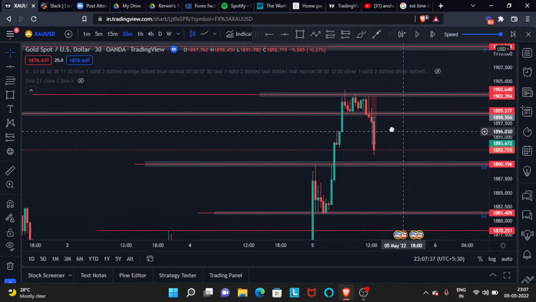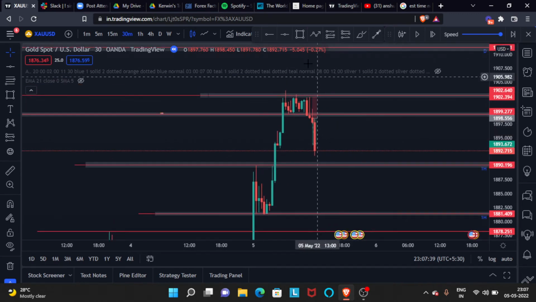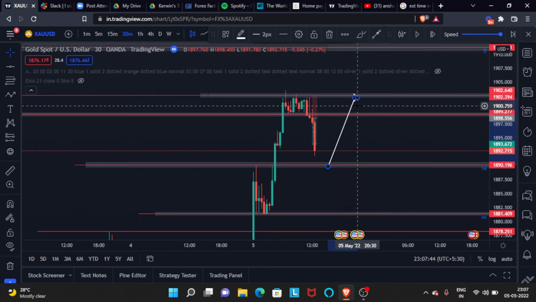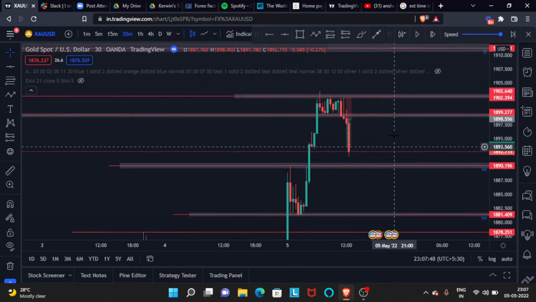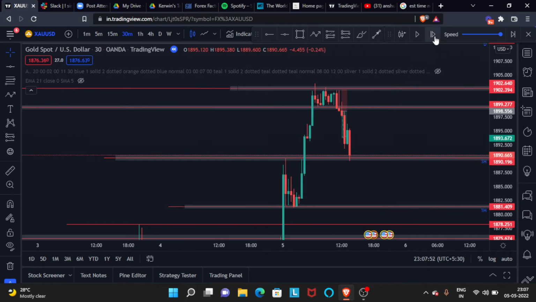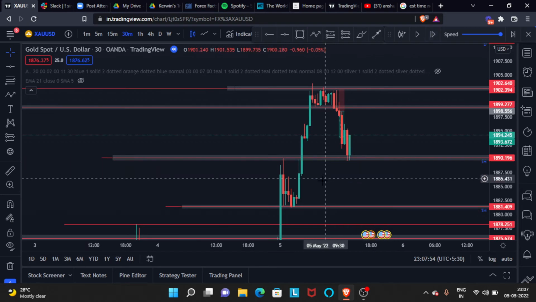The next thing I was expecting was finding support somewhere around here to move up and retest these highs, and maybe break the highs to create new highs, right? I sent that in the Telegram group as well, and that happened right here. I didn't actually take it.